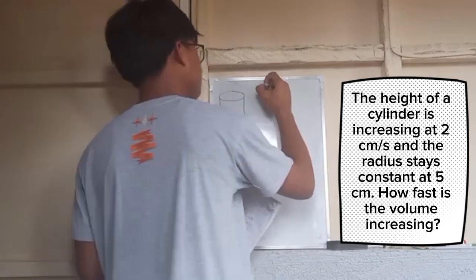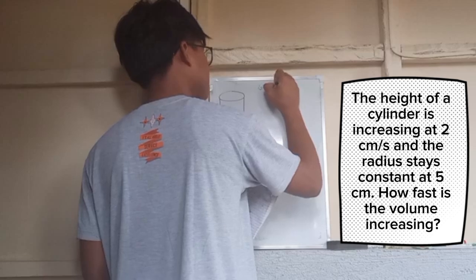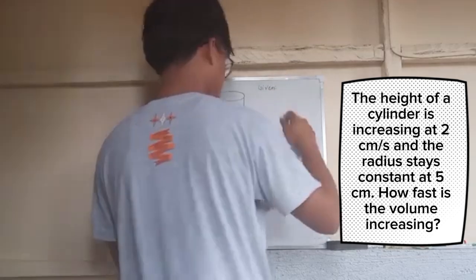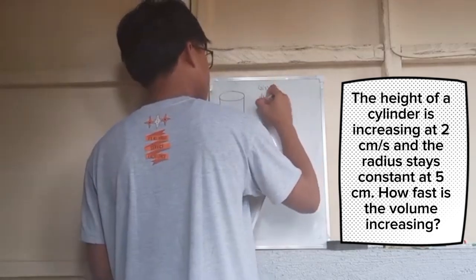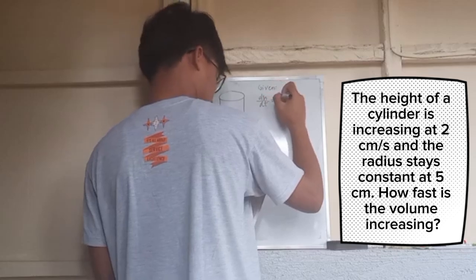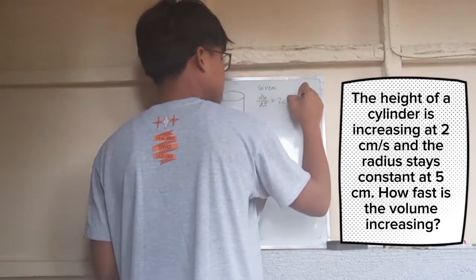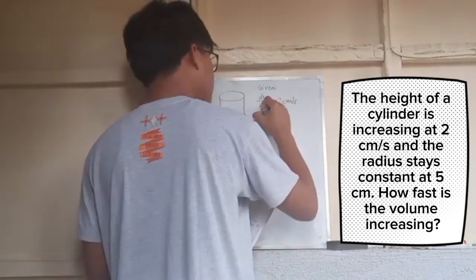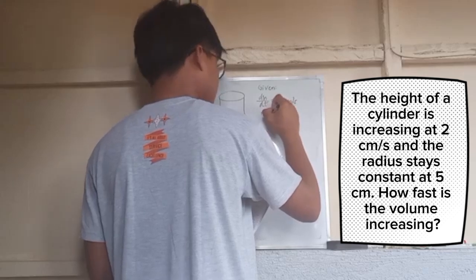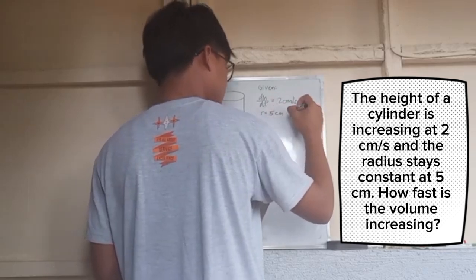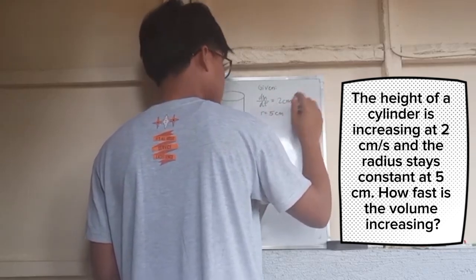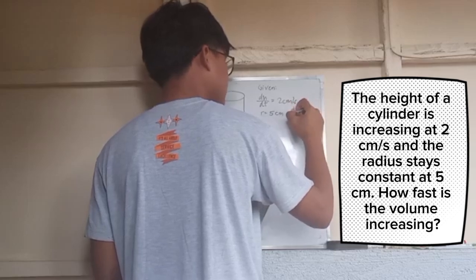So, it is stated that the given rate of the height is equal to 2 cm per second, and our radius is equal to 5 cm, having a constant rate of 0.